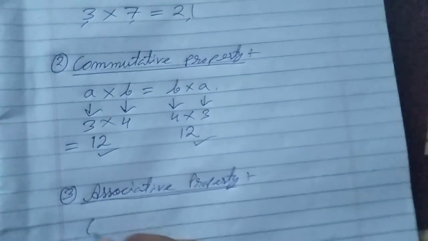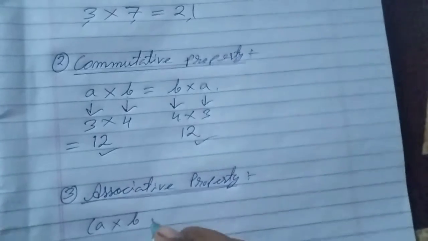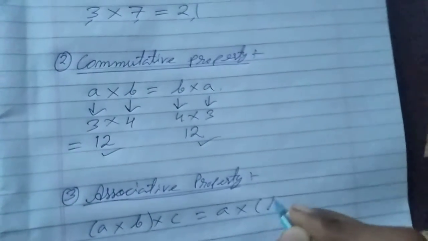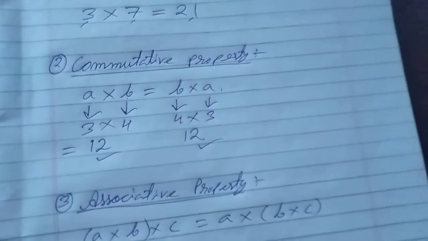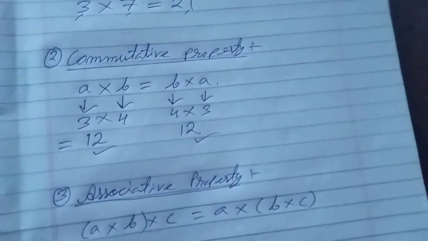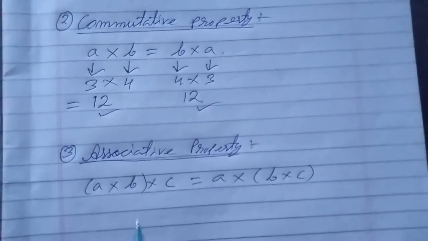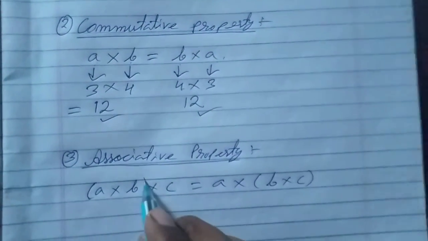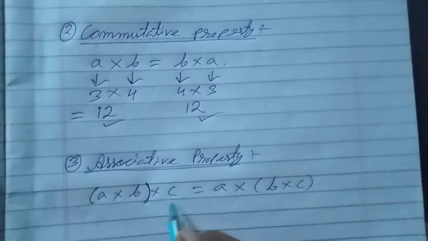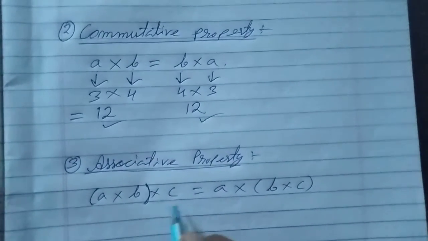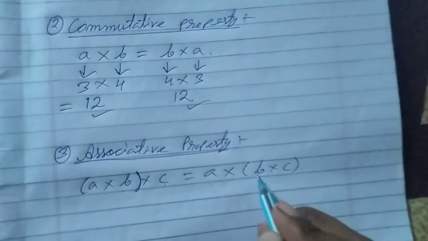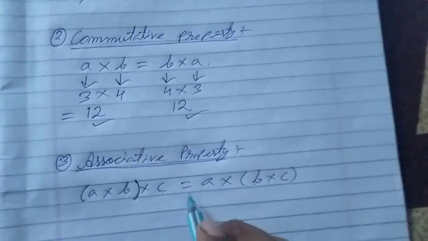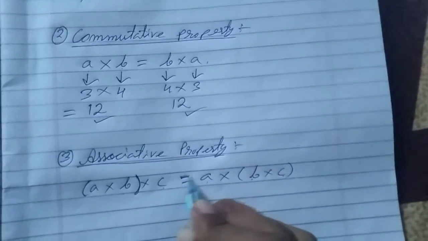Here, A into B into C equals A into B into C. Associative property means we have to divide the multiplication in two parts with a bracket. Here A into B, we have to multiply A into B first, then the answer will be multiplied by C, and here B and C will be multiplied first, then the result will be multiplied by A, and the value is equal in both cases.